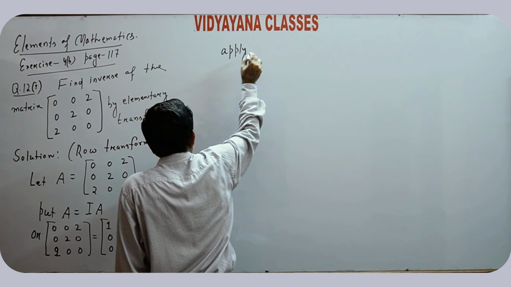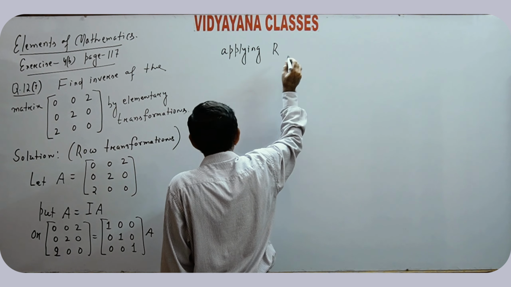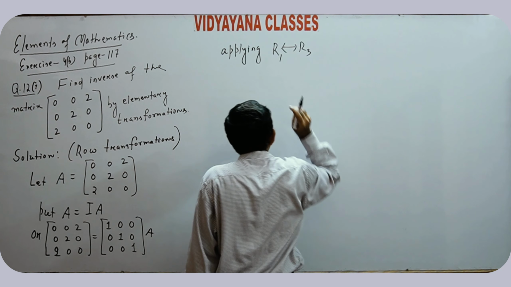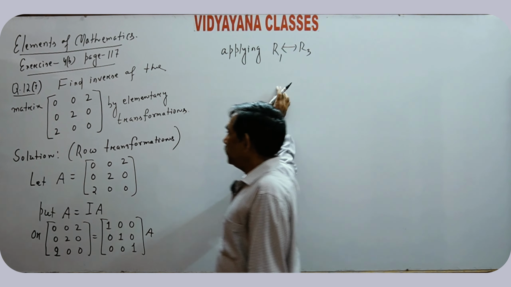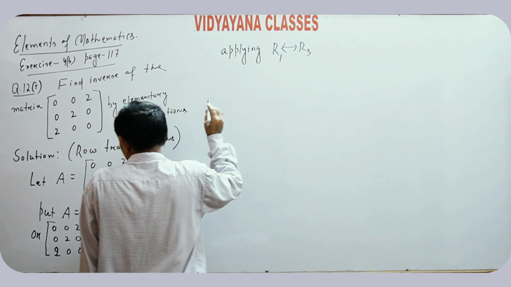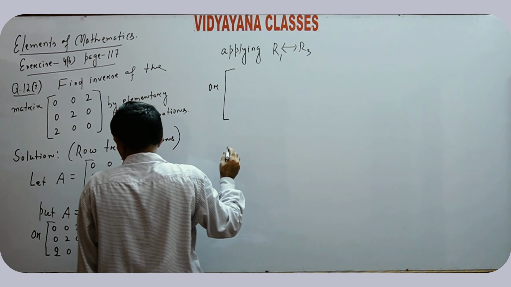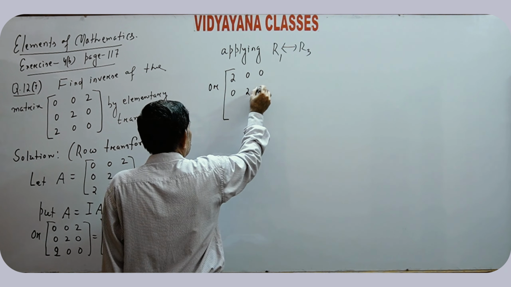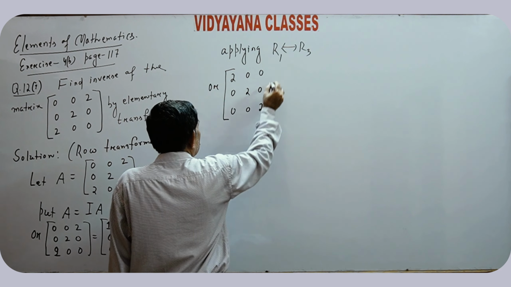Applying row 1 replaced by row 3 and row 3 is replaced by row 1. That means interchanging row 1 and row 3, the given equation will be 2, 0, 0, 0, 2, 0, 0, 0, 2.